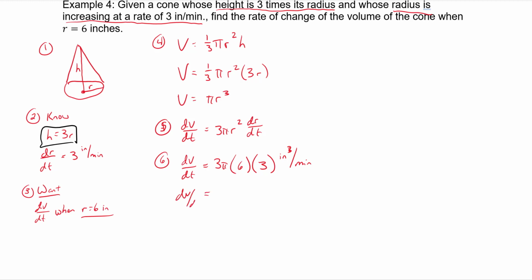So multiplying all of this out, and sorry, that's 6 squared since it's pi r squared, we end up with 3 pi times 36 times 3 inches cubed per minute. So at the instant that the radius is 6 inches, our volume is changing with respect to time at 324 inches cubed per minute.